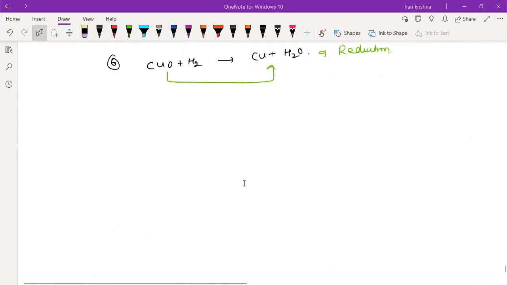Fine. So next is the redox reaction. What is the meaning of redox reaction? In a chemical equation, both oxidation and reduction take place.